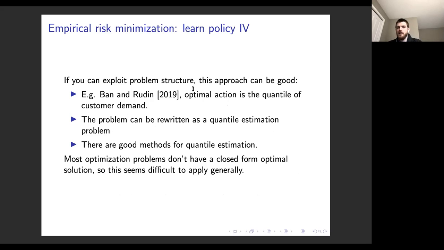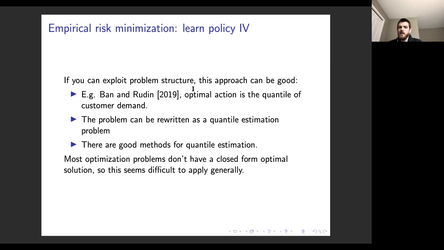On the other hand, if you are able to exploit problem structure, this approach can be quite good. There's one example in the literature where it's a very specific problem. It's a type of news vendor problem where you can show that the optimal action is just a quantile of customer demand.